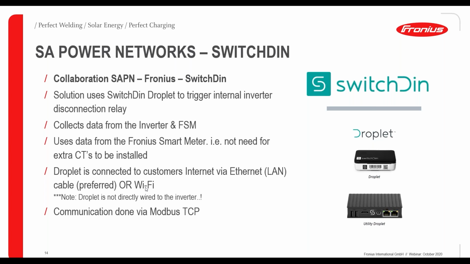It just connects to the customer's internet and does the controlling via there. The controlling is done via Modbus TCP over the customer's network. There's a whole bunch of commissioning you need to do with that. I won't be going into the details of that; you can get those details from SwitchDin.